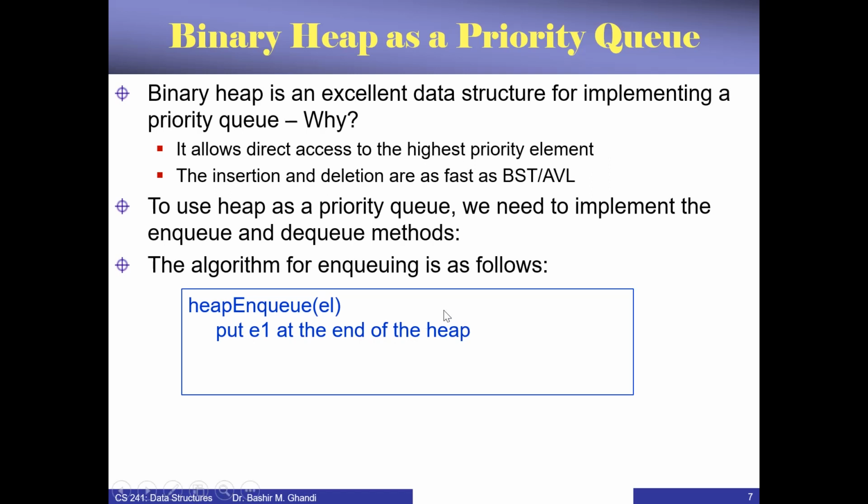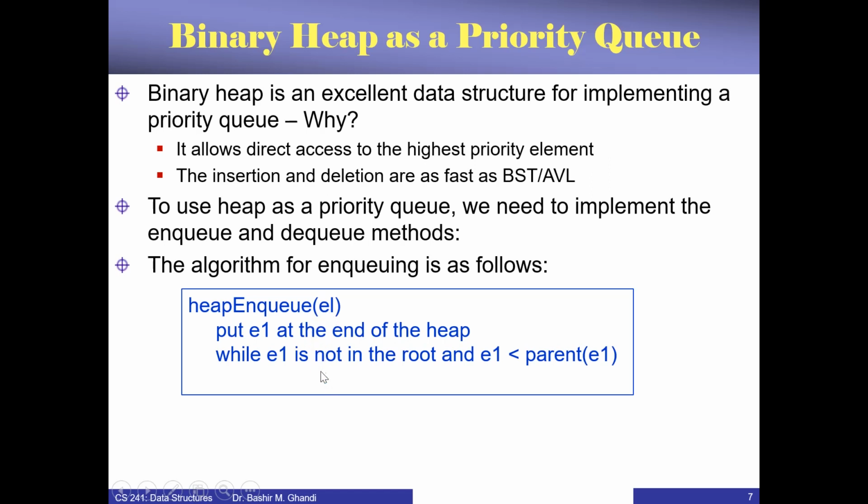Now, putting that element there, however, may violate the second property of a heap, which is the one regarding the ordering of the elements. So you have to restore the order using a loop. Say, while E1 is not in the root, and element is less than its parent. I should emphasize this algorithm is for a min heap.